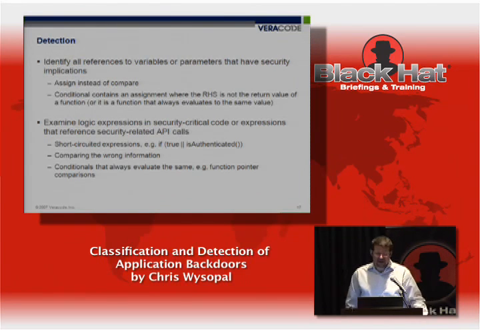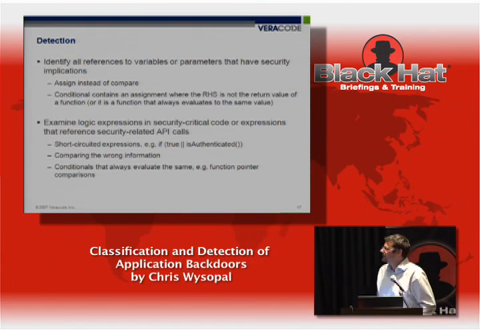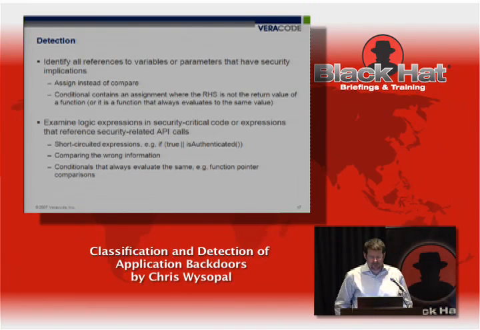So, in summary, to find these, you really want to identify what security critical parameters are in your program. If it's something like the Linux kernel, you could enumerate those things, and they're not going to change for many, many years, and you could audit all that every time you came out with a new release, to make sure no one's tampering with those values. You could look for assignments instead of compares, or look for the missing parentheses would be another case.